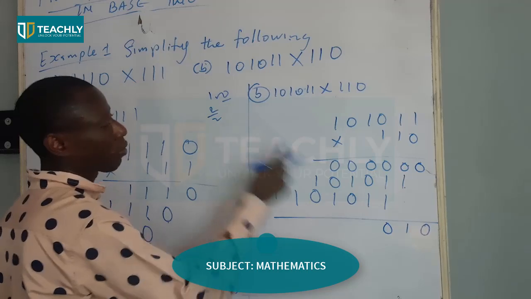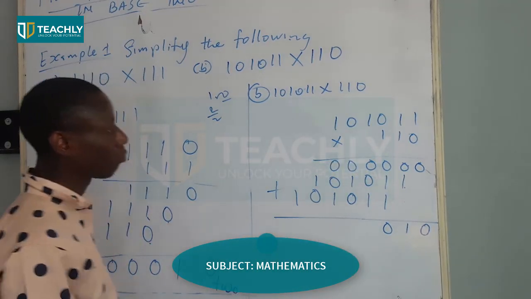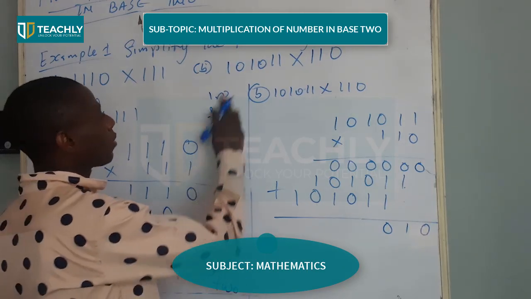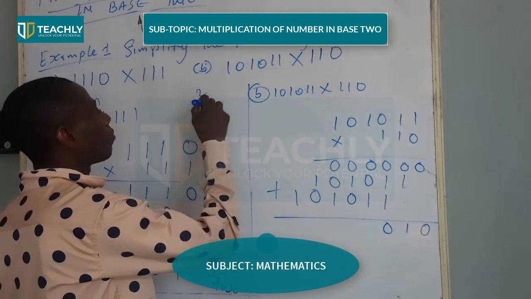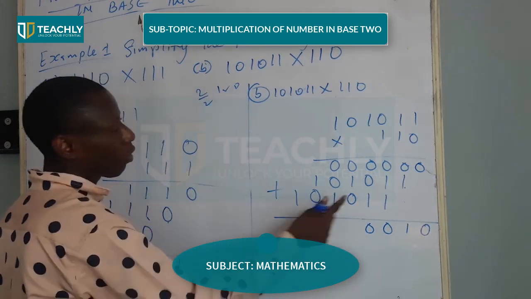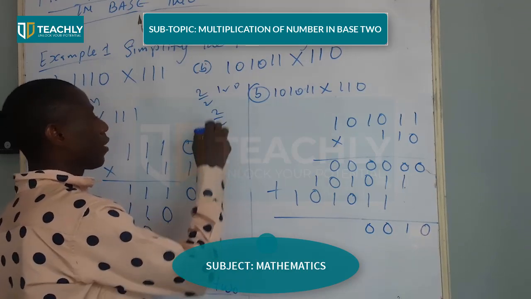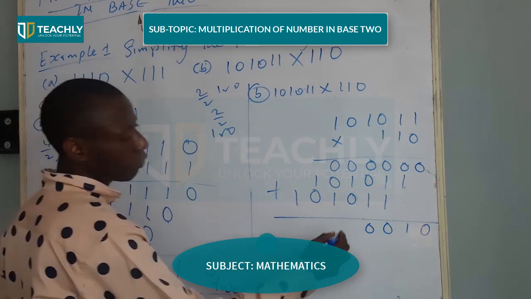Let's carry this one to the next column. You have 2. Since you have 2, you are still going to divide again. 2 divided by 2, 1 remainder 0. Let's write remainder 0. Carry this one to the next one. You turn to 2 again. Divide, 2 divided by 2, 1 remainder 0. You write your remainder 0.